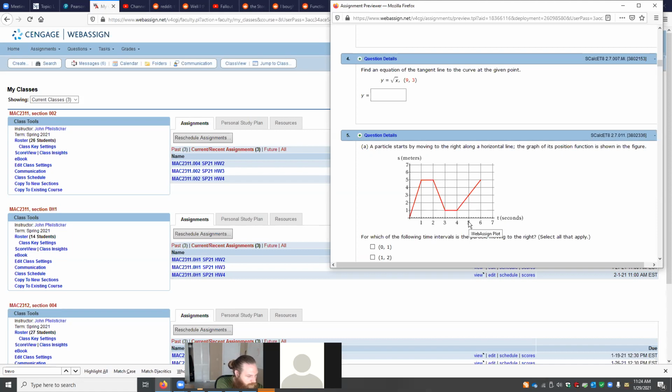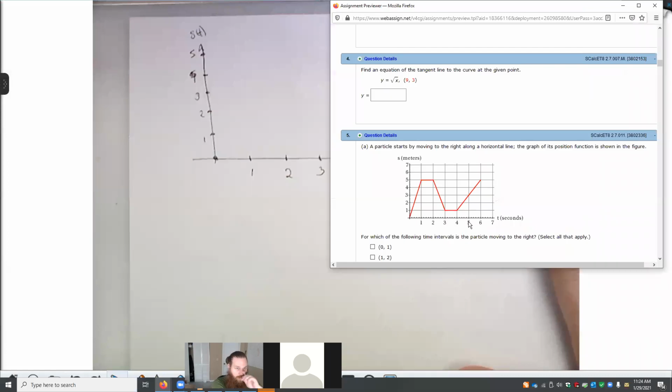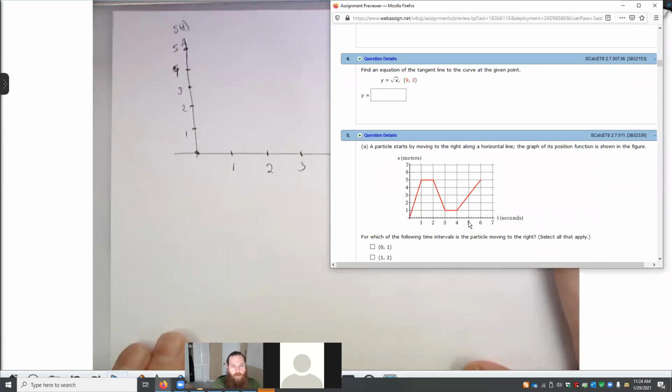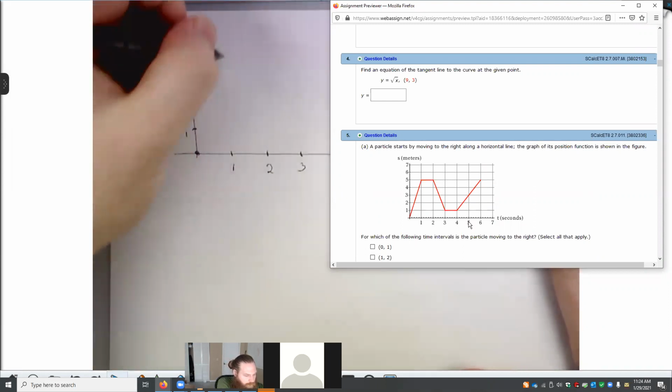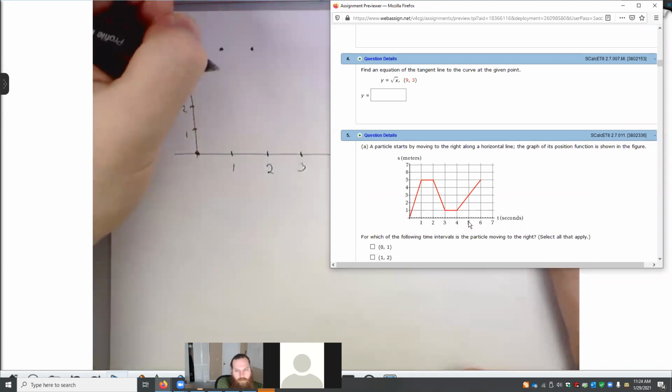Do it like that. That works. All right. So from time t equals 0 to t equals 1, we go from position 0 all the way to position 5. So we're screaming up here. Then we chill from time t equals 1 to time t equals 2.